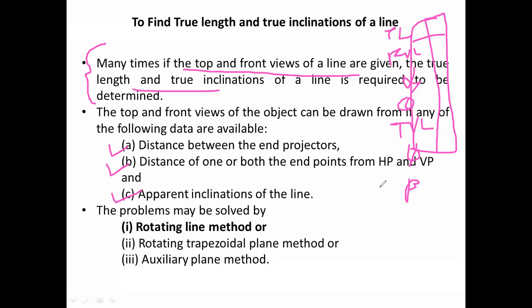Seven things are there. So a minimum of 3 to 4 things should be given to you. Then only can you solve this problem. Understand? Here 3 things are given, and one point should be fixed. Everything is not required to be guessed.